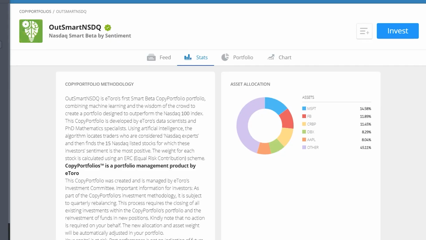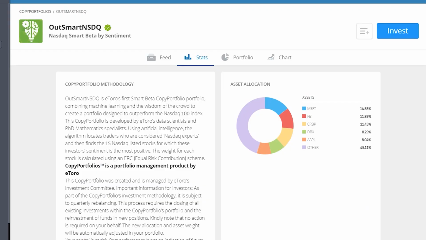So he said it's an AI that tries to outperform the NASDAQ, which is really interesting. It's eToro's first smart beta copy portfolio, combining machine learning and the wisdom of the crowd to create a portfolio designed to outperform the NASDAQ 100 index.